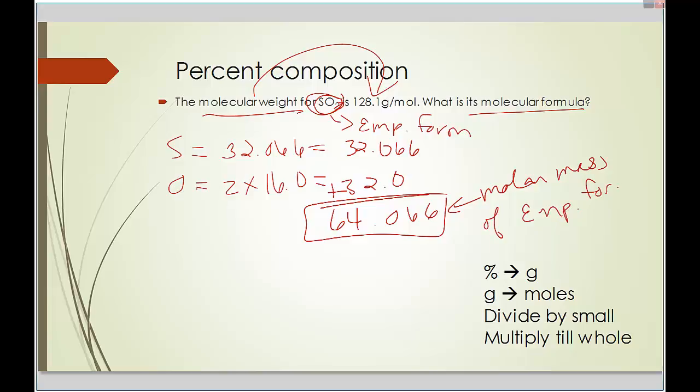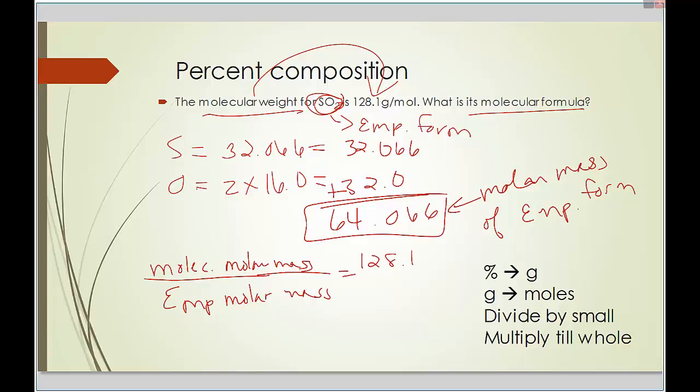And from here I can figure out the ratio by dividing the molecular molar mass divided by the empirical molar mass. So that comes out to be 128.1 divided by 64.066.